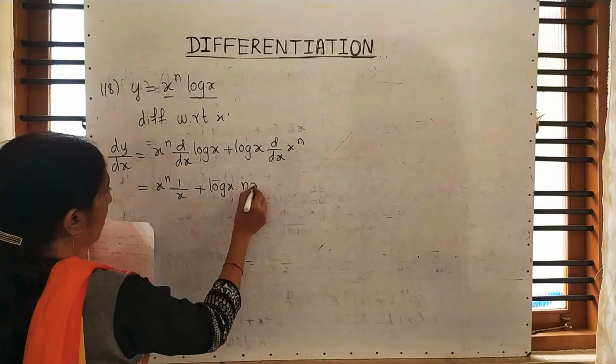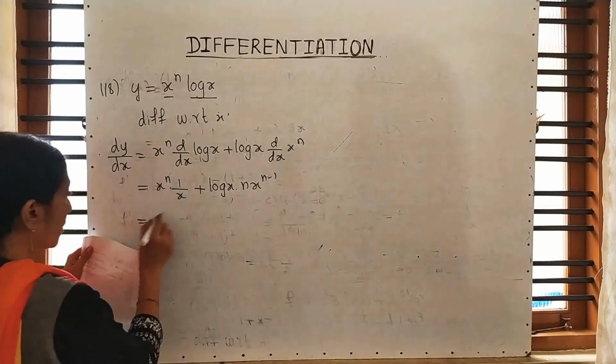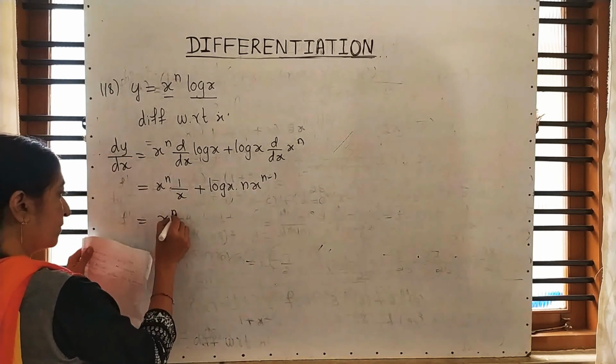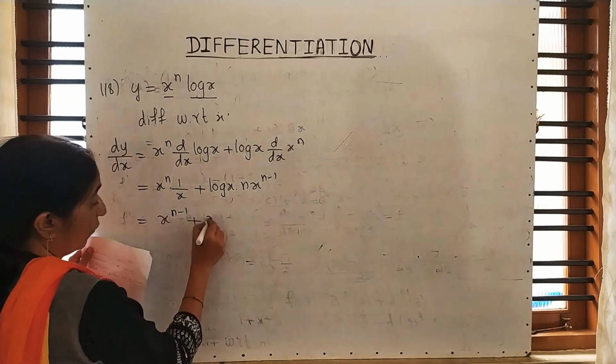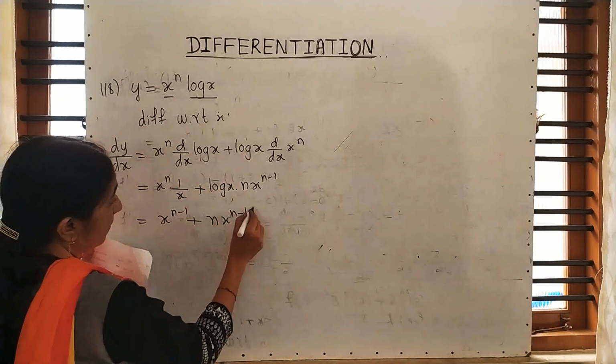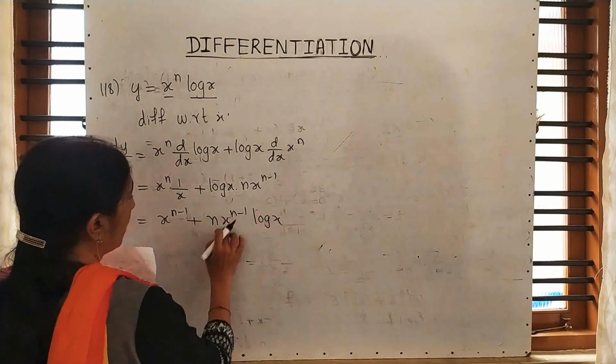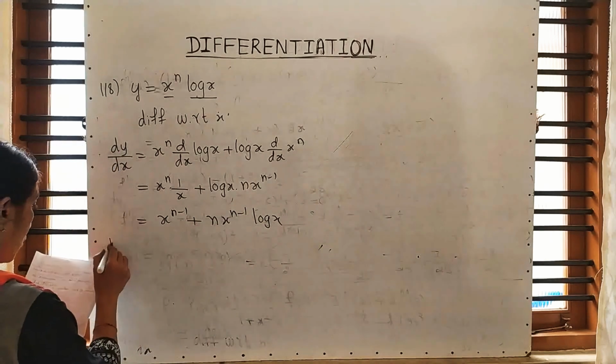And this is n into x to the power n minus 1. If you take x in the numerator, if you are familiar with indices, you can take x to the power n minus 1 as a common.